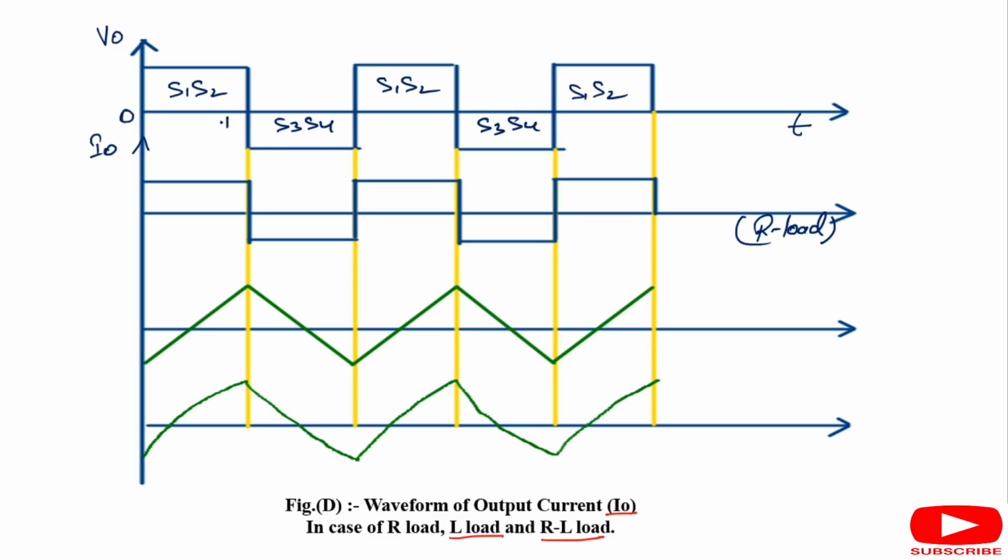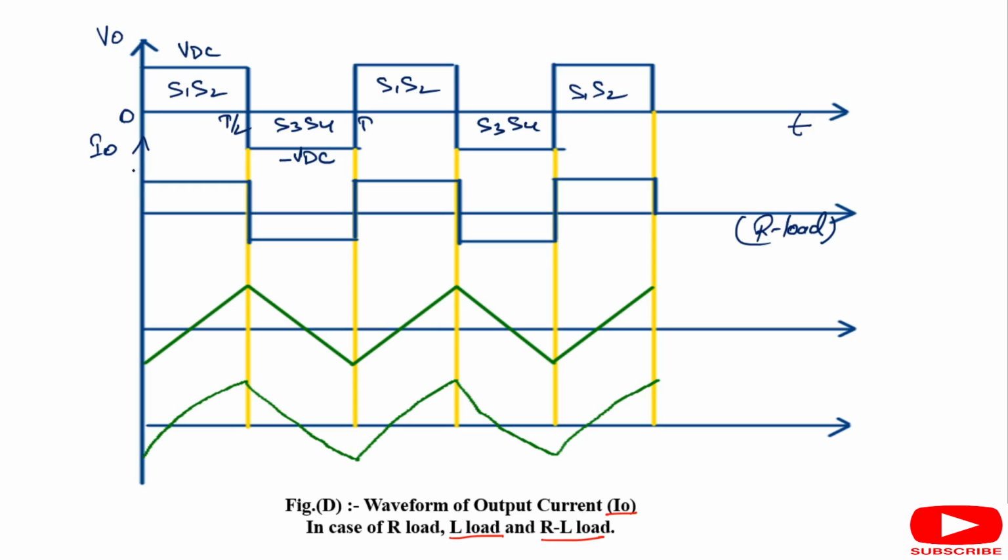So 0 to T by 2, T by 2 to T. The magnitude of the output voltage is VDC for 0 to T by 2, and minus VDC for T by 2 to T. But in case of purely resistive load, the voltage and current will lie in the same phase. So that's why the waveform of the output current is same as the waveform of the output voltage.